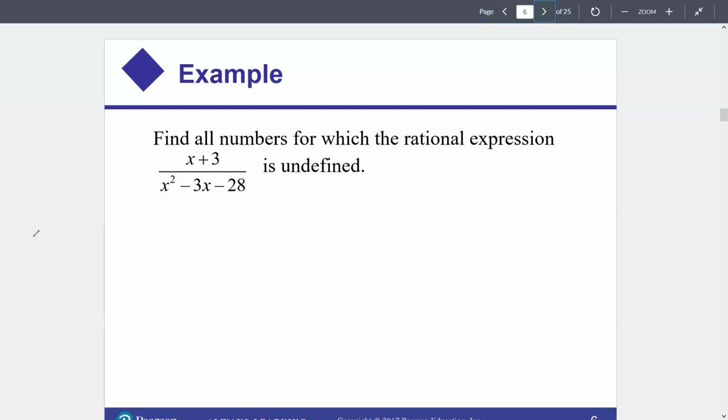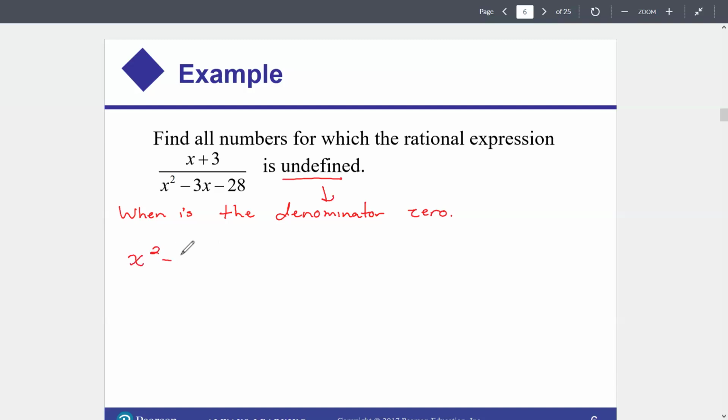So we want to find all the numbers for which a rational expression is undefined. The only thing we're concerned with is when the denominator is 0. Later, we will be concerned about what happens with the top, but right now we're trying to figure out the domain, which tells me where it is undefined.